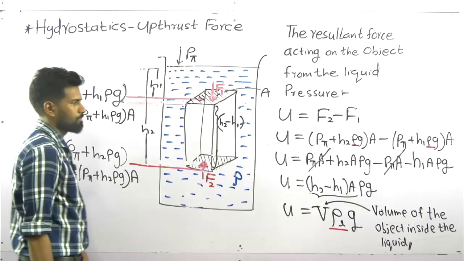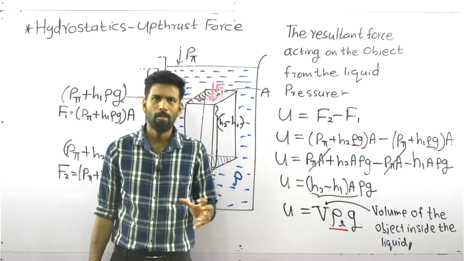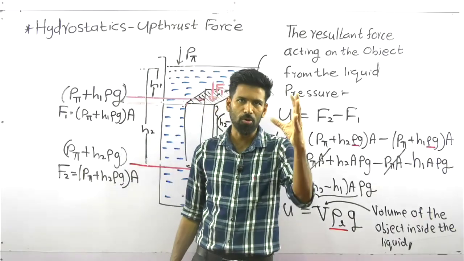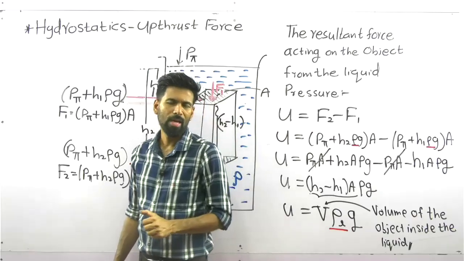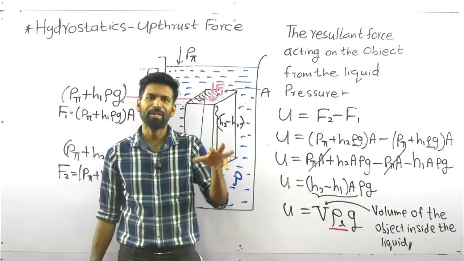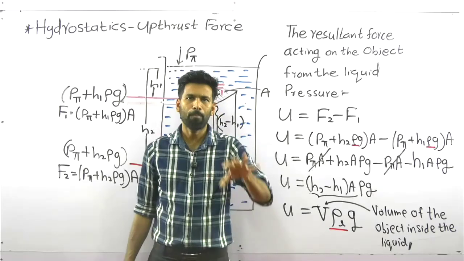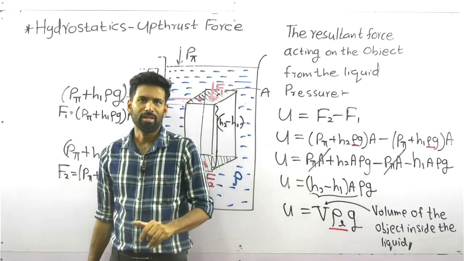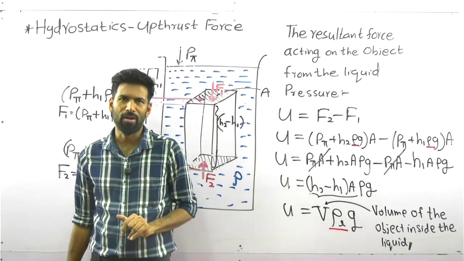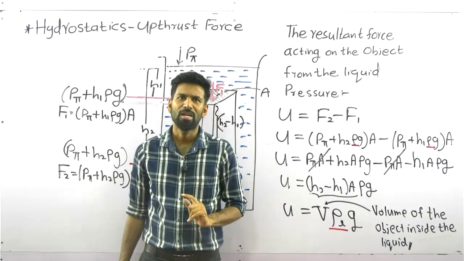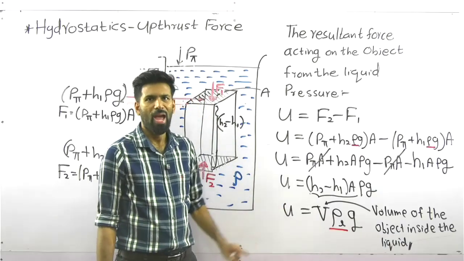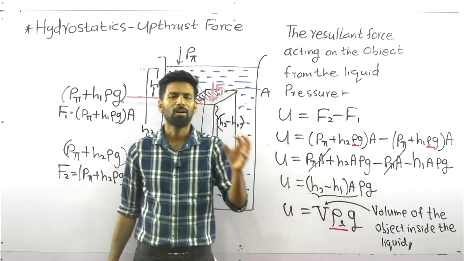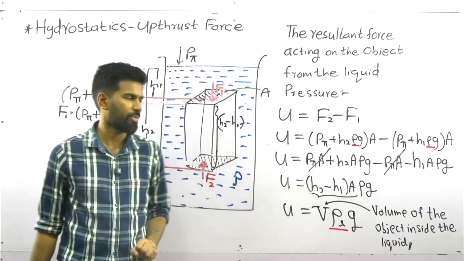Okay, so take a brief idea now. When you immerse the object inside the liquid, you can feel the upthrust force acting on it upward. This upthrust force is acting on the object due to the pressure difference that the object feels, and the resultant force F2 minus F1 created from the pressure difference is known as the upthrust, and it is equal to V rho liquid g, where V is the volume of the object which is inside the liquid.